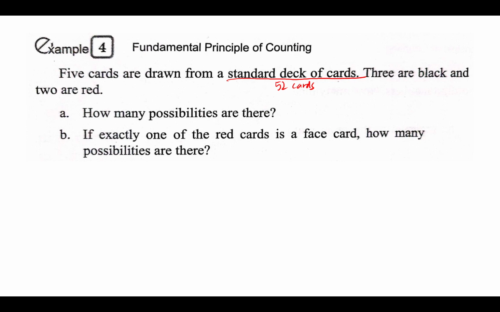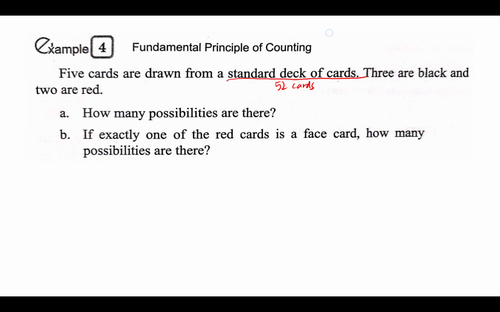But before we proceed to answering this question, let us take a look at what a standard deck of cards is. Okay? When we talk of a standard deck of cards, actually we have 4 characters or icons here.